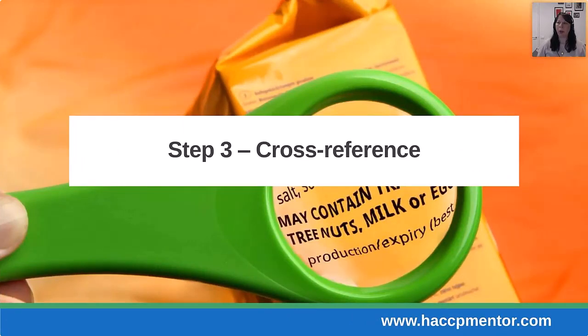Our next step, step 3, is to cross-reference. So depending on where you're located, I would definitely do research if you're not aware of any legislation or regulatory requirements associated with claims, because what you want to do is now go, okay, we've got a claim on this product of, let's say, preservative free.